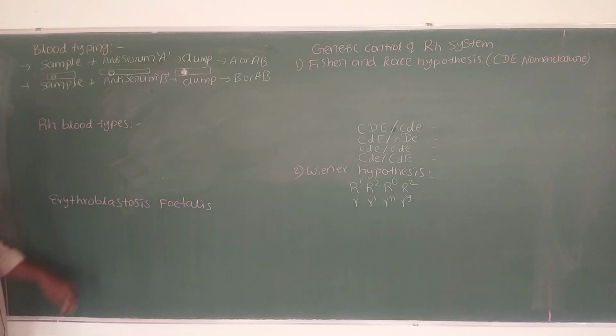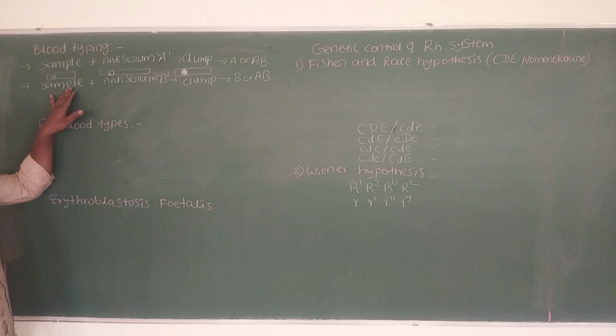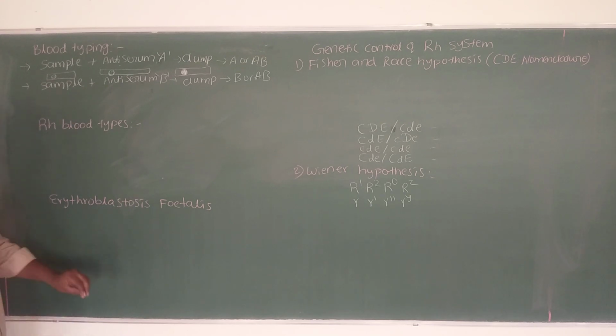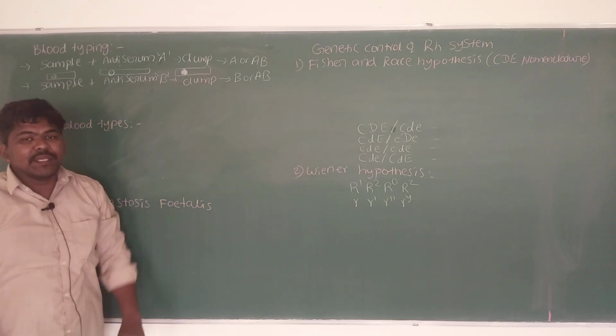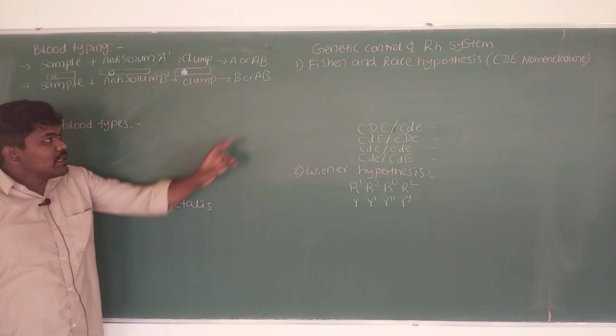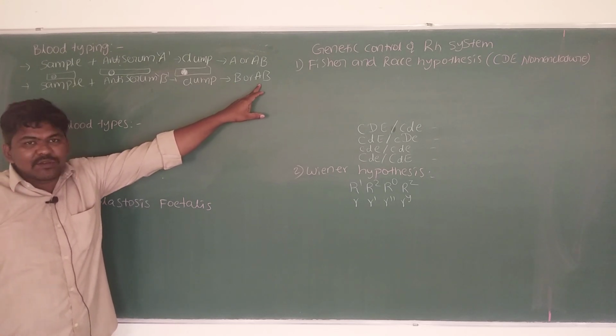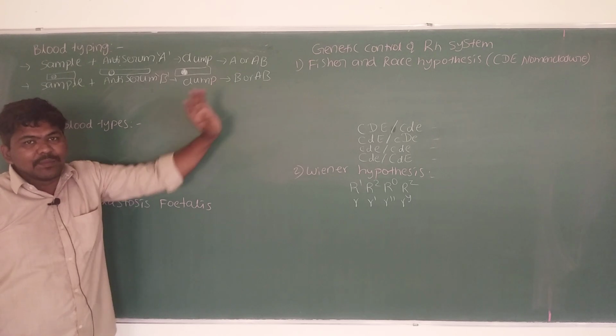Antibody B always interacts with antigen B. When antigen B is present in the sample, we see the formation of a clump, which indicates the blood group may be B or AB. Why? Because the B blood group contains antigen B and the AB blood group also contains antigen B.